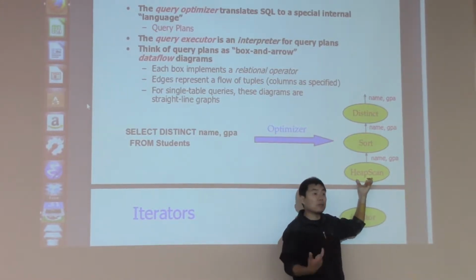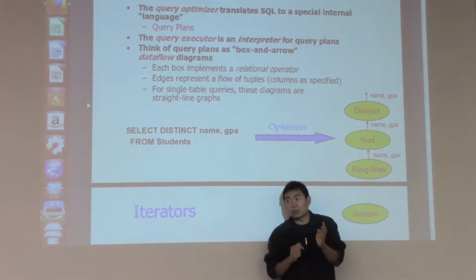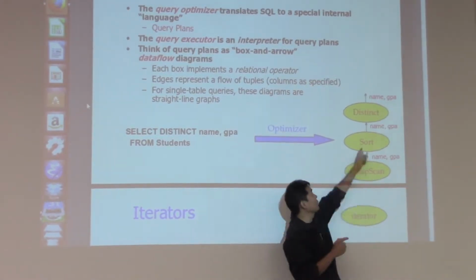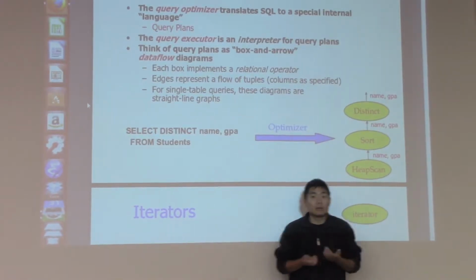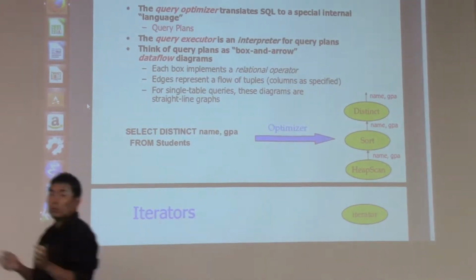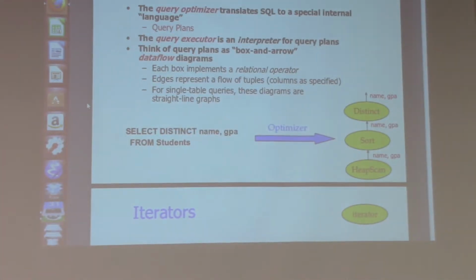When the next method is called, the heap scan simply moves on to scanning the next record and pushes that to the sort operator. You follow me? And what about initialization and close? Well, those are designed for setting up the initialization state and cleaning up memory and things like that by the end of the execution of the current iterator.